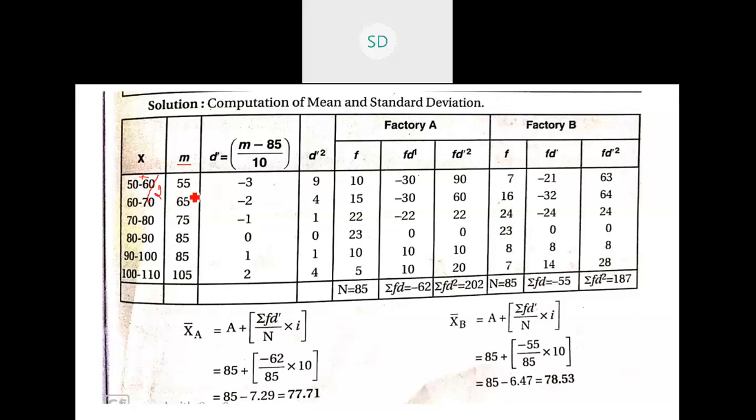That will give you 55. Next, 60 plus 70 by 2, which is 65. 70 plus 80 by 2, 75. 80 plus 90 by 2, 85. Like this, we are supposed to find the mid value or the midpoint. So whenever there is continuous series, calculating the midpoint is compulsory.